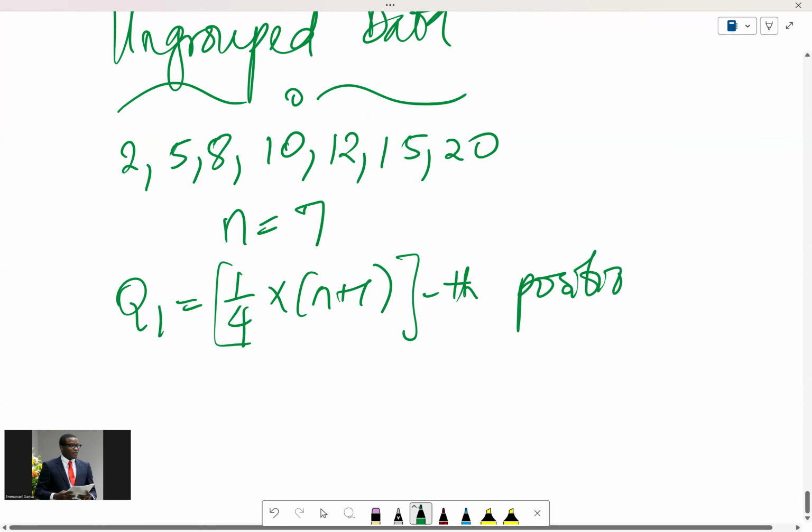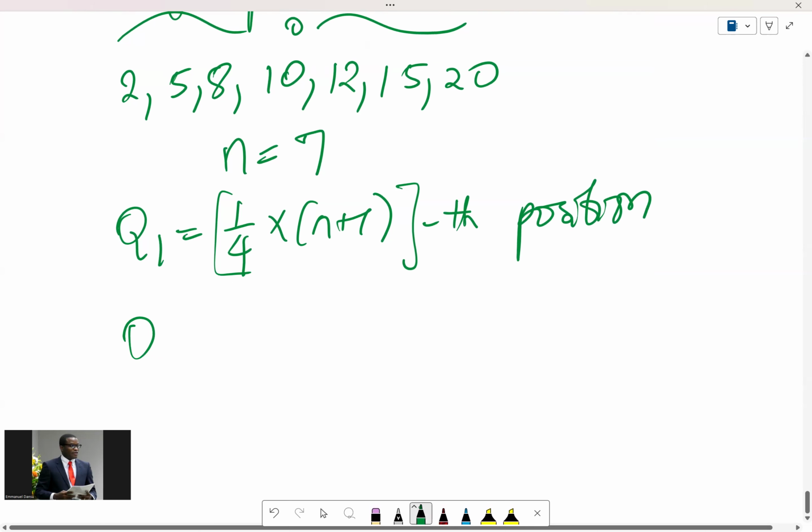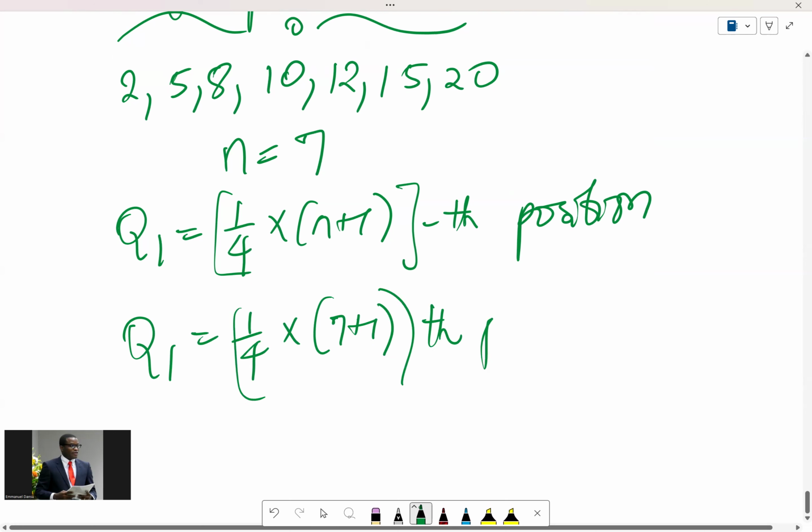So Q1 is 1/4 times 7 plus 1, which is 8/4, so the second position.